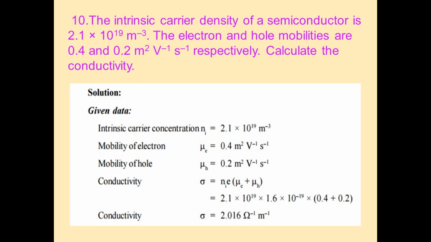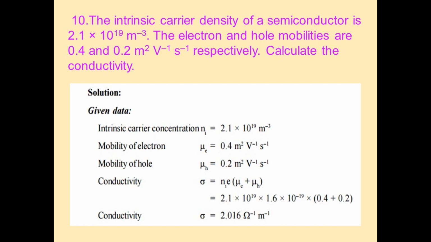Tenth one, the intrinsic carrier density of a semiconductor is 2.1 into 10 power 19 atoms per meter cube. Electron and hole mobilities are 0.4 and 0.2 respectively. Calculate the conductivity. Already we completed this model. Ni, mu E, mu H are given.